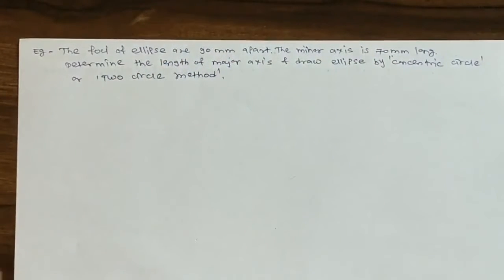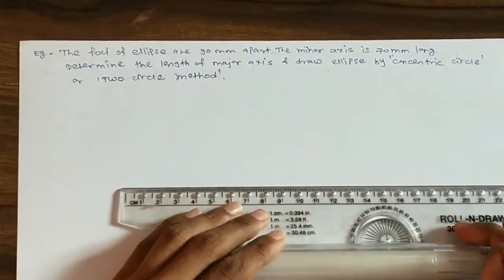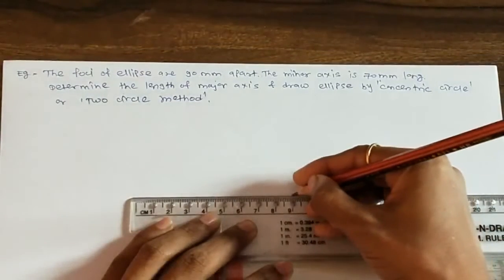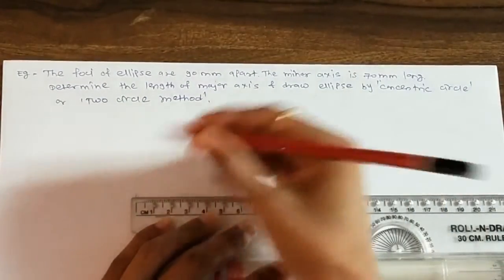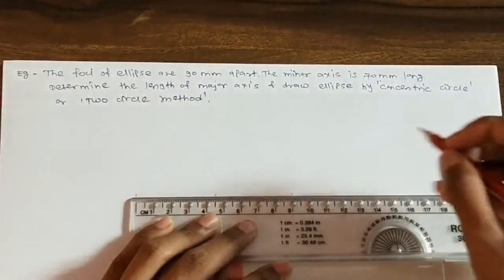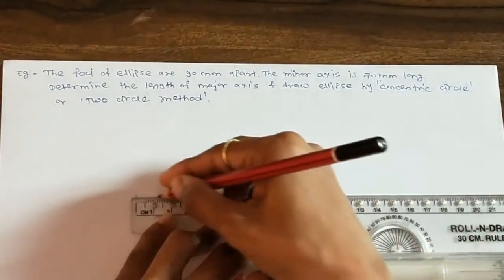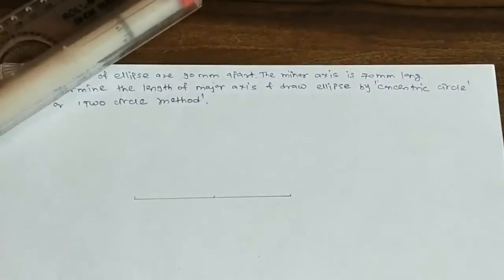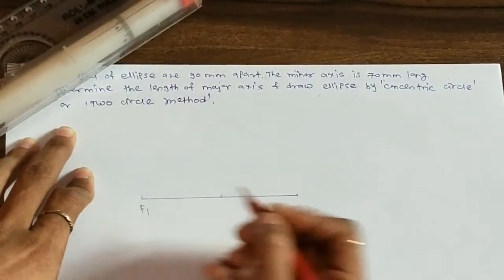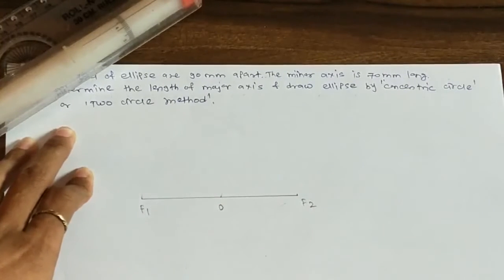So first draw the foci of the ellipse, 90 mm apart, and the center point as O. So a 90 mm distance is given for the foci. This is point F1 and this is point F2. This is center point O.